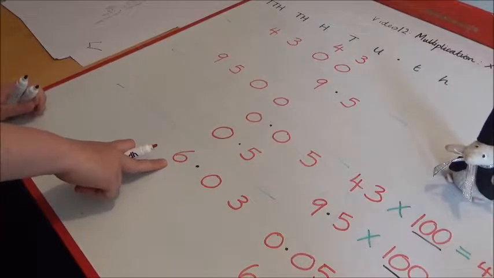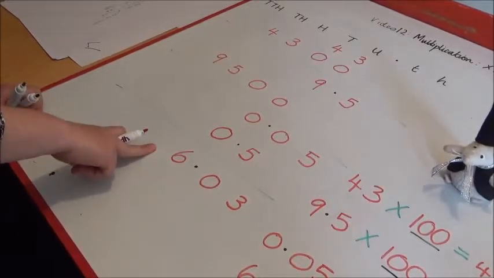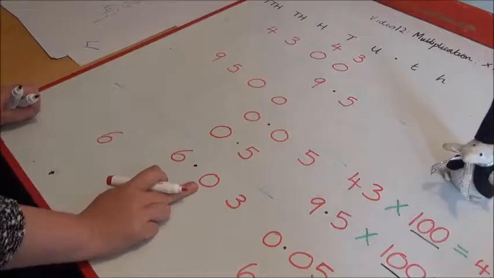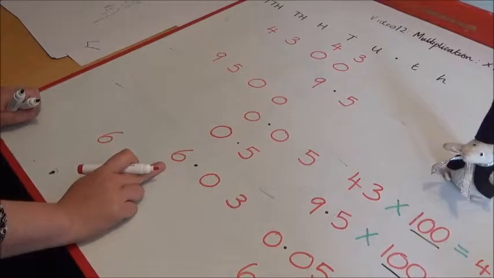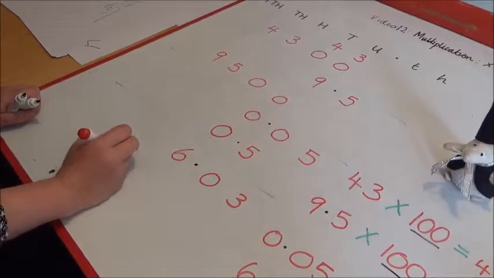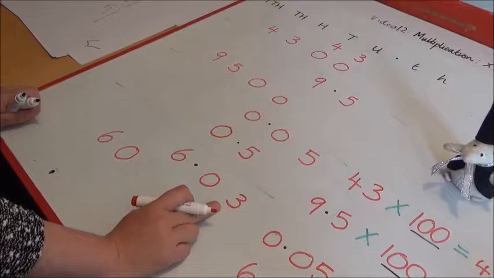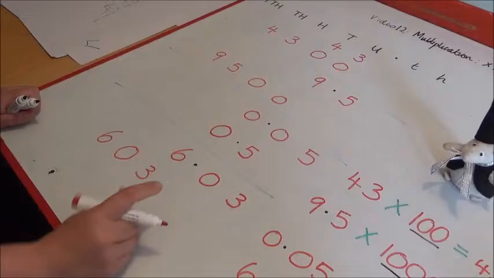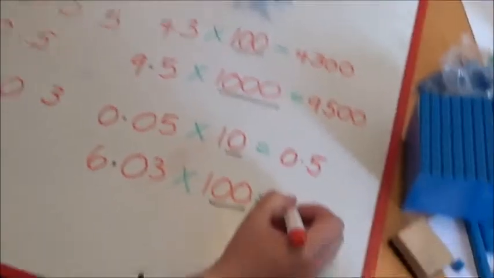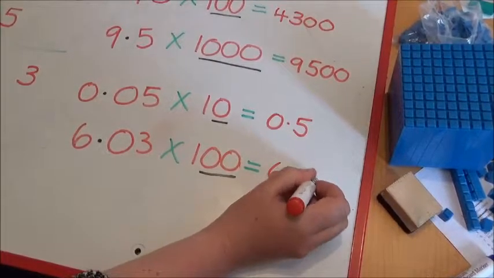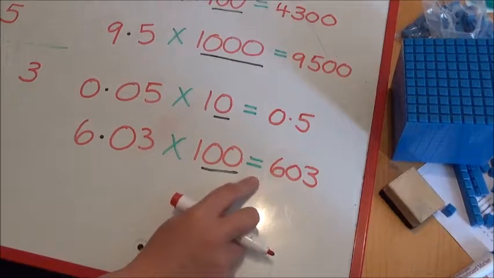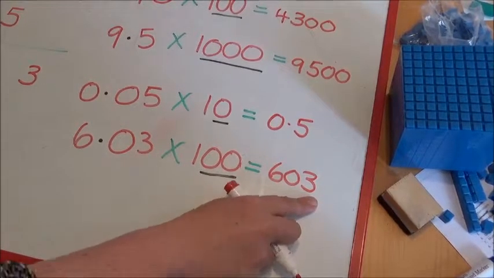So the 6 units is not going into the tens, it's going into the hundreds. The 0 tenths are not going into the units, they're going into the tens. The 3 hundredths is not going into the tenths, it's going into the units. So my answer is 603. 6.03 times by 100 is the same as 603.